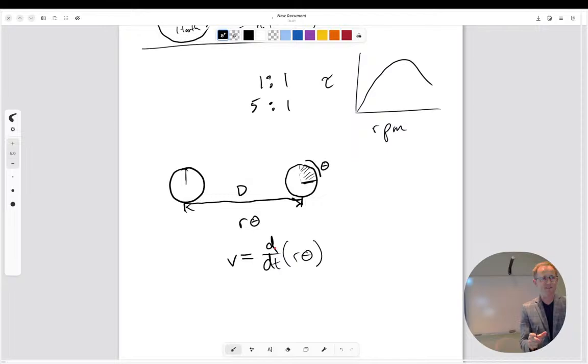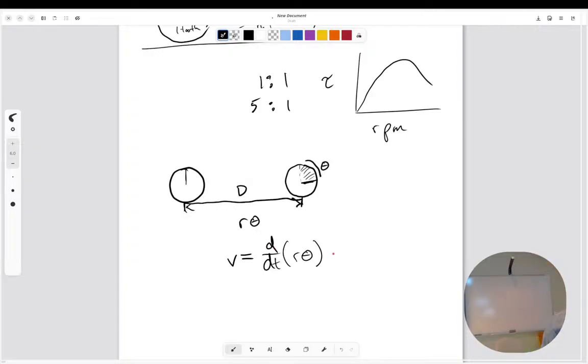What's the d/dt of r theta? Is the radius changing? No? What about theta? It has a rate, right?